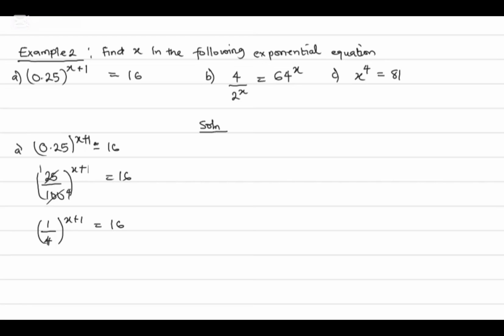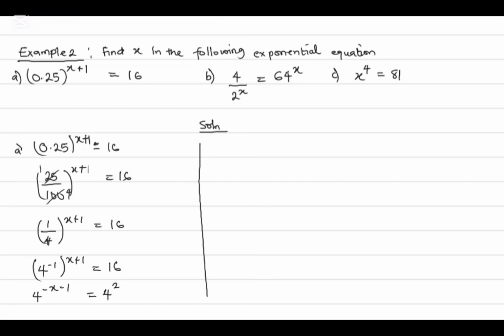So I know 1 over 4 is 4 raised to power minus 1. 4 raised to power minus 1, that is 1 over 4. So into the bracket of x plus 1, equal to 16. I can open up that bracket of the power now, and we have 4 raised to power minus x minus 1. And then this 16 can be written as 4 raised to power 2. And then let's bring the solution here now.